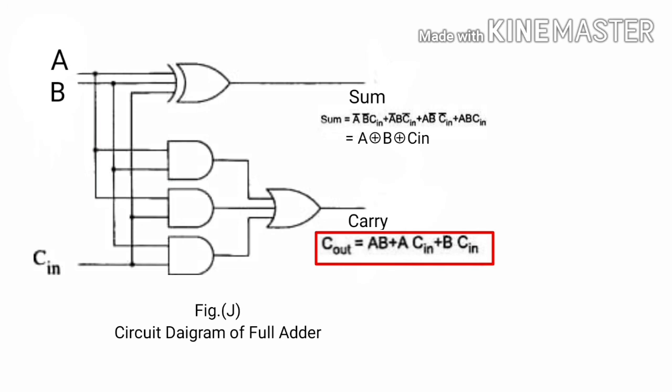So in total we have used 3 AND gates, and in between AB, A C in and B C in, a plus sign is used. The plus sign indicates that we have to use one OR gate. So the output of every AND gate is connected to the input of the OR gate, and from the output of the OR gate we can check carry. So this is the required circuit diagram for full adder, which is responsible for performing addition of two single bit numbers along with carry which is coming from the LSB side.